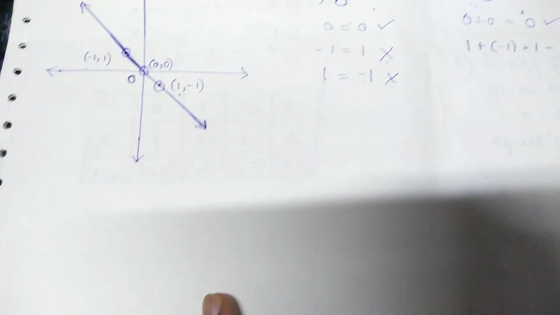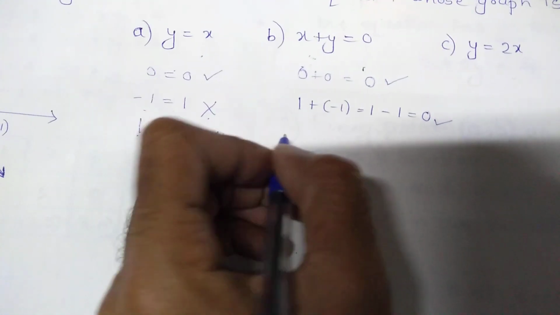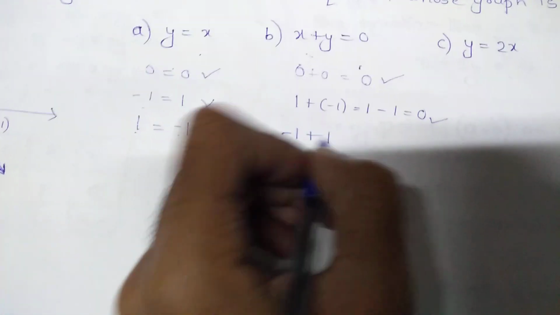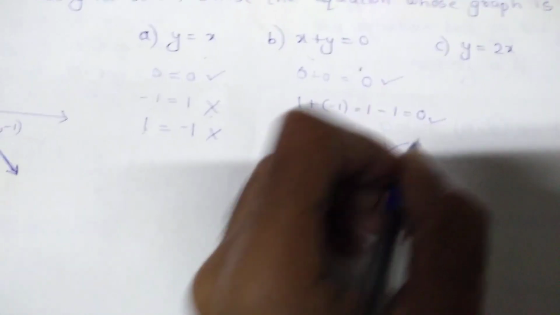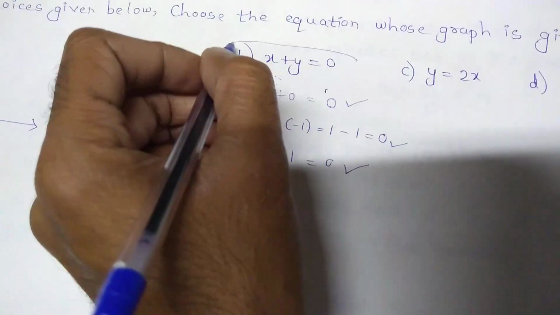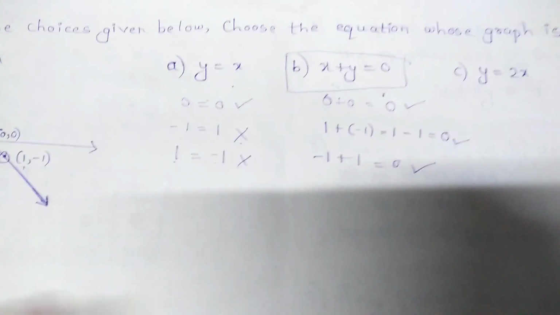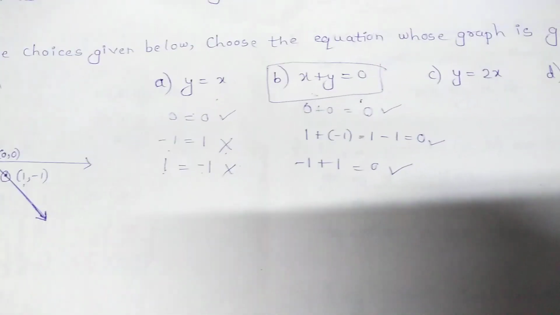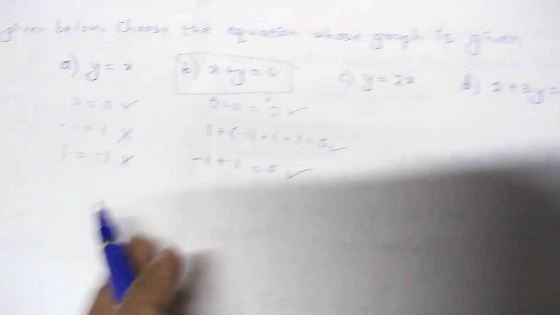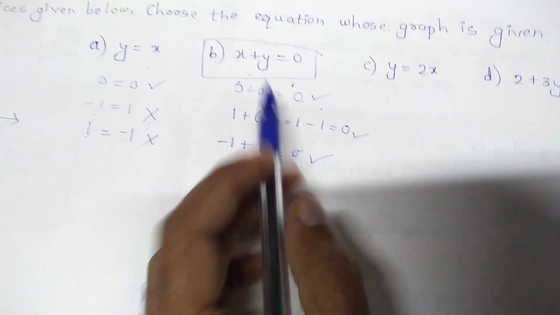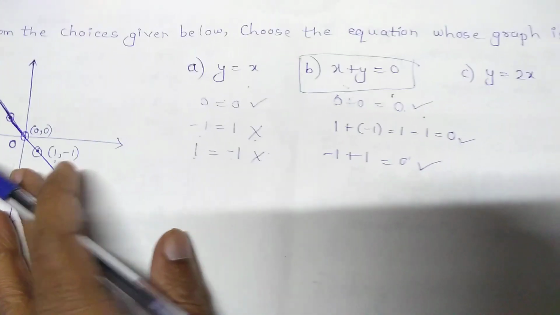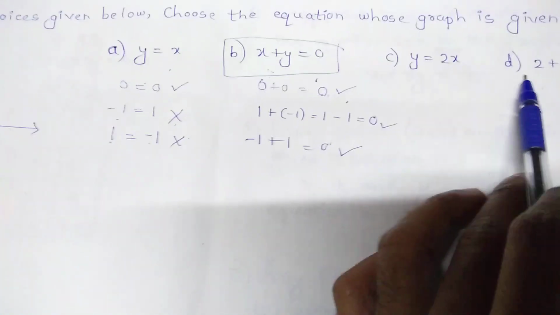Then (-1, 1). So -1 plus 1 is 0, and it satisfies. Hence this is the equation of the graph. You can also check for the others, but we have already got the equation of the particular graph, so you need not check these 2 equations.